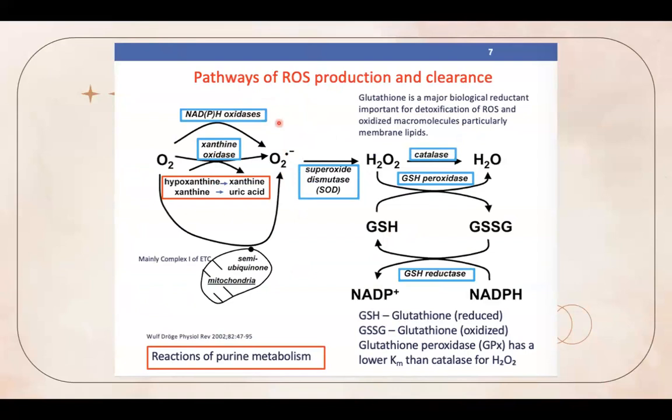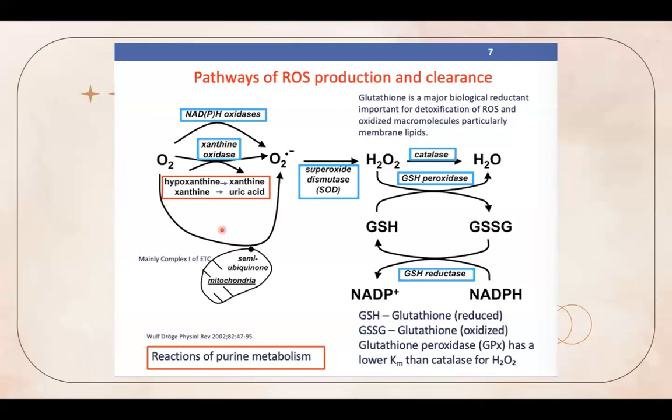So one of the main ones that you need to know are the WBCs. They produce ROS, and the production of the purine nucleotides produce ROS. So WBCs, when they are involved in killing a bacteria, particularly neutrophils, they engulf or phagocytose a bacteria, and they store that bacteria in an organelle called phagolysosome.